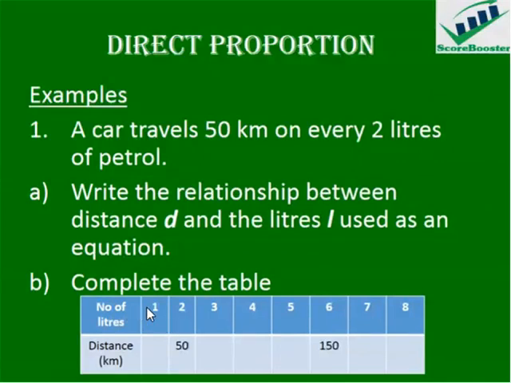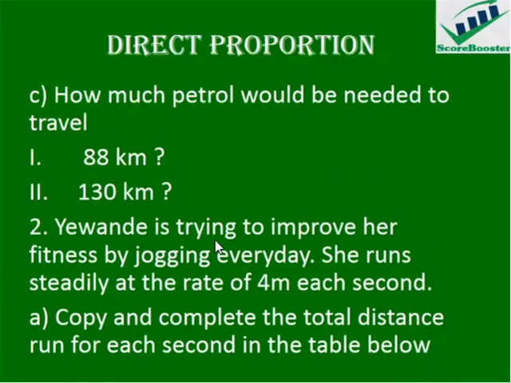That is, for 1 liter, how much distance is it going to move? For 2 liters, for 3 liters, up to 8 liters. We are also told that assuming he traveled 88 kilometers, how much petrol will he need to do that? And we should find out, if he should travel 130 kilometers, how much petrol will he need? So we are going to do that.